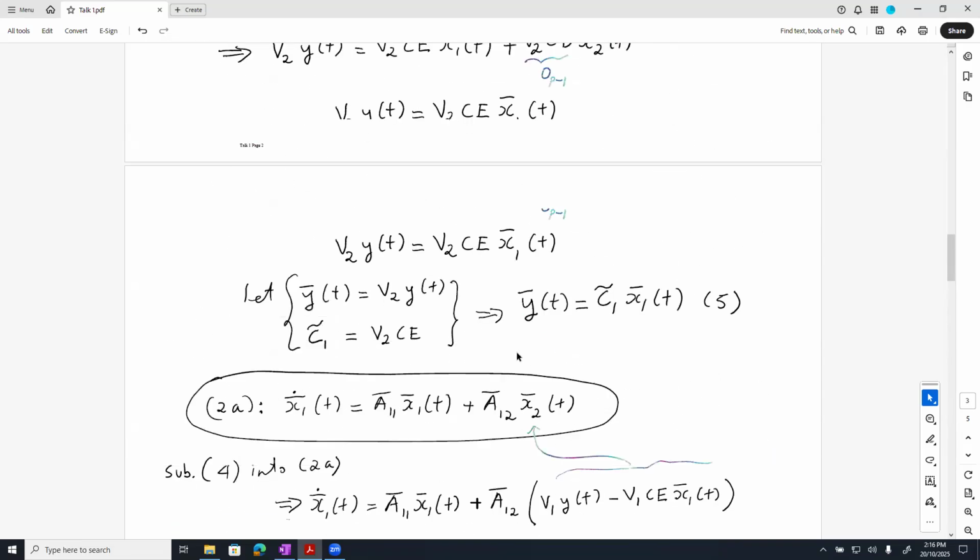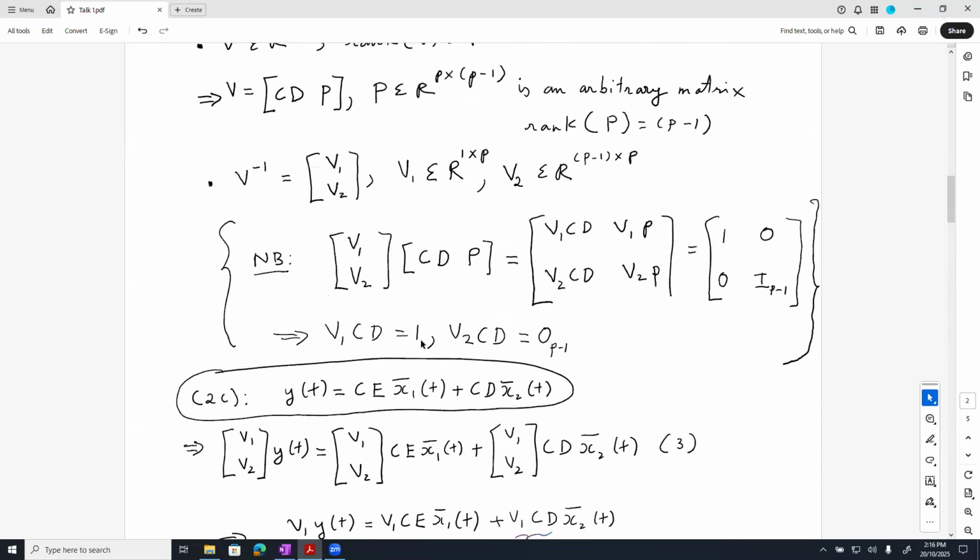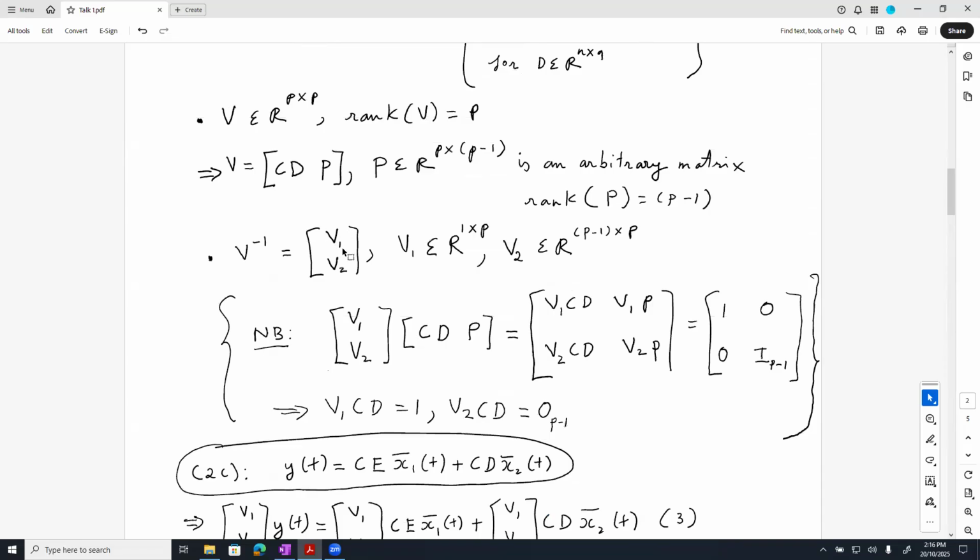V1 itself is a submatrix of the inverse of matrix V. And what is V? V is a matrix which consists of CD and P. And what is P? P itself is an arbitrary matrix according to Hou and Muller. It is chosen arbitrarily as long as the matrix V is invertible.